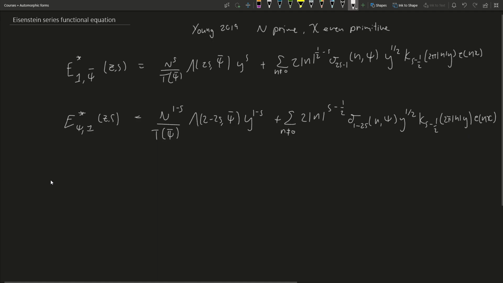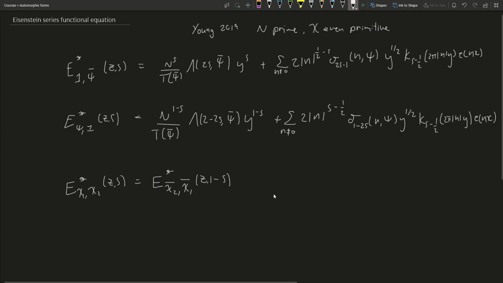The functional equation for these Eisenstein series was that E of chi1, chi2 completed at z, s was equal to E, and then here you had to swap the characters and conjugate them, and then you have it at z, 1 minus s.